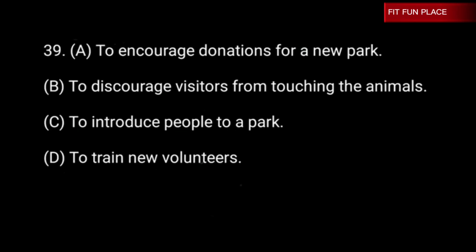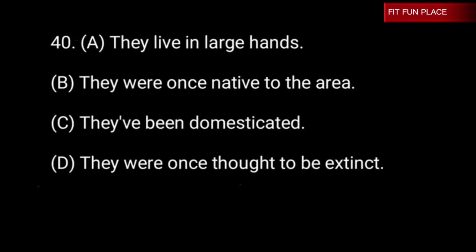Number 39. What is the main purpose of the talk? Number 40. What do all of the animals in the park have in common?